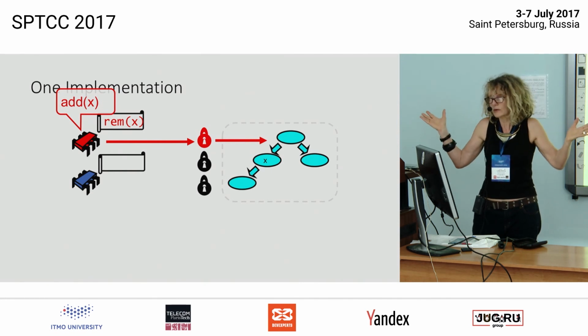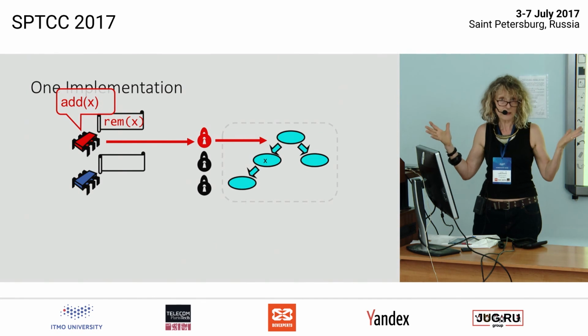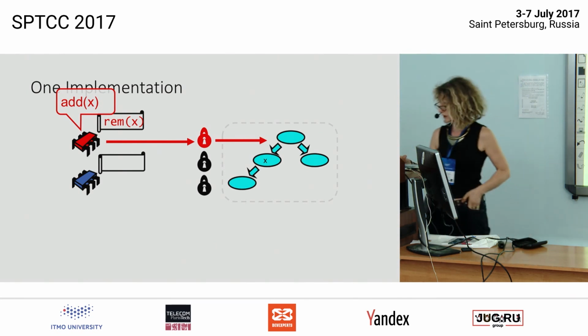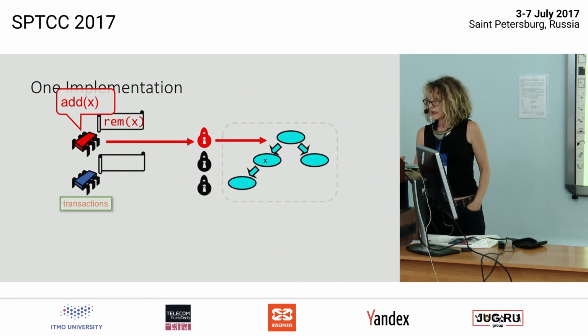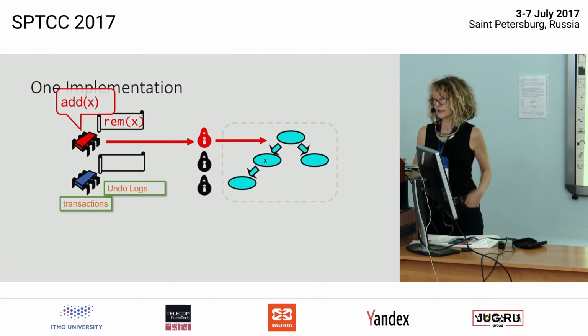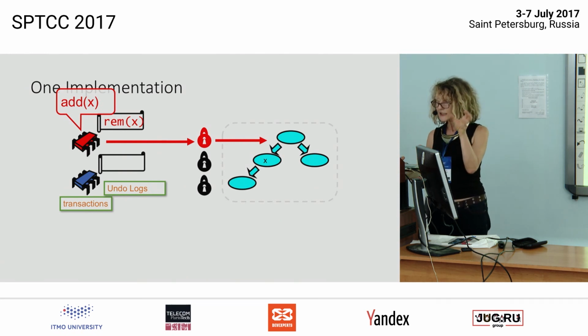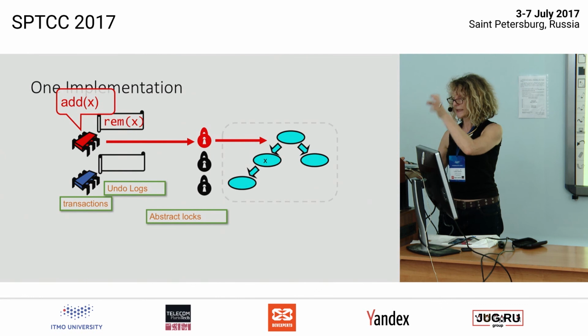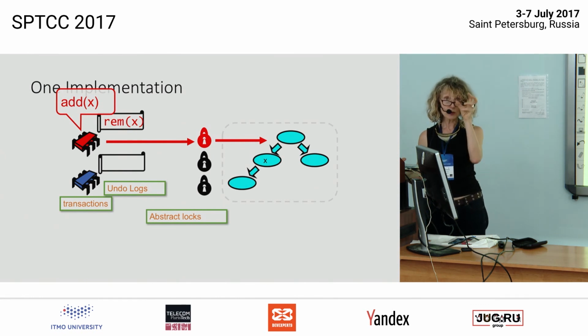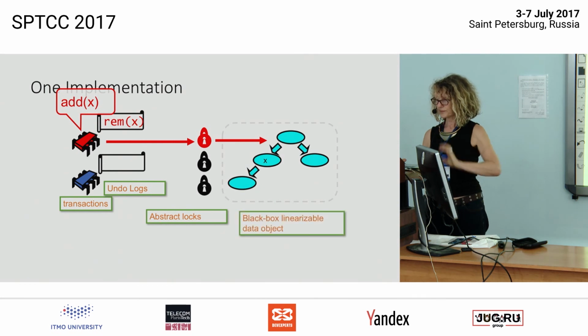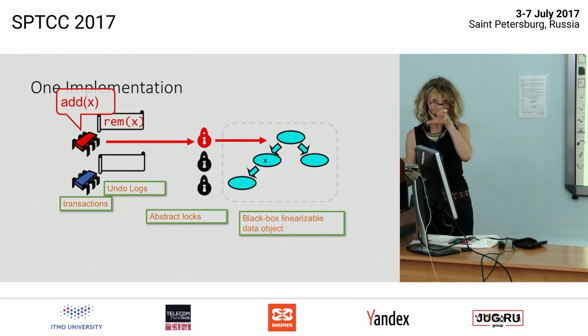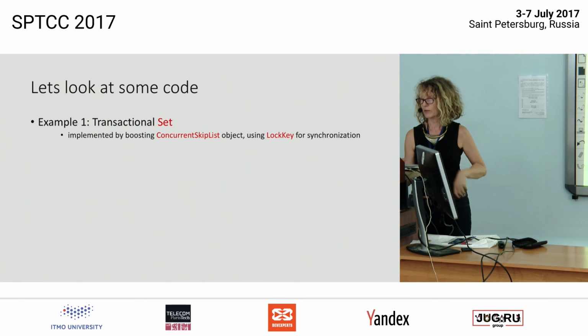Because abort has to erase all the effects of the operation. So you need an undo log, so your transactions need undo logs and abstract locks. Those are the two mechanisms that you are relying on to use with your black box object.